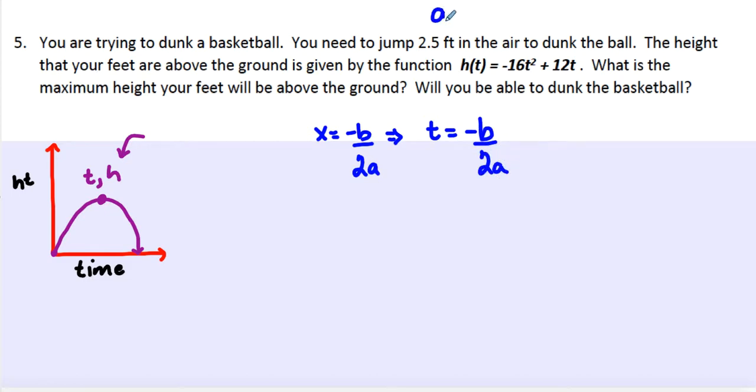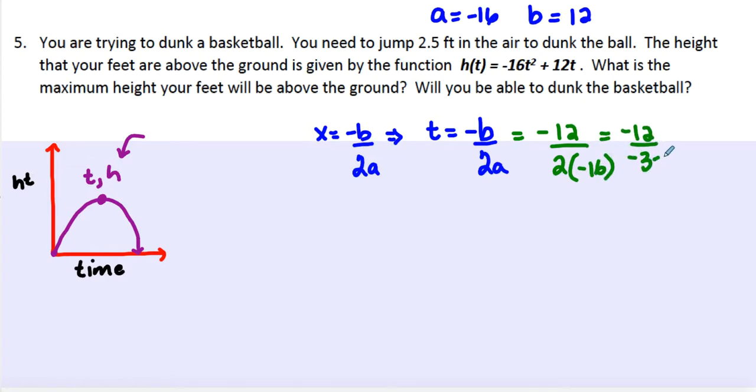My a is negative 16 from the equation, and my b is 12. So I'm going to substitute those values in. Negative 12 all over 2 times negative 16 gives me negative 12 over negative 32, which gives me 3/8. And 3/8 is 0.375.